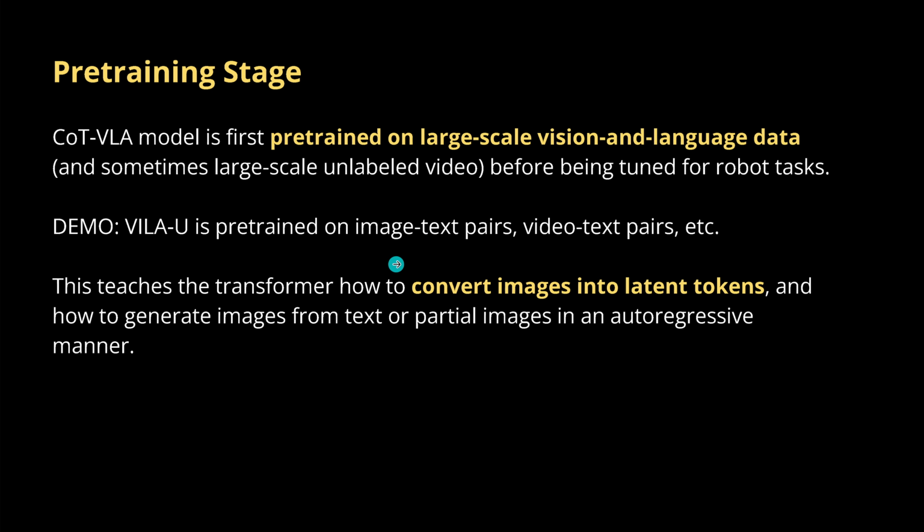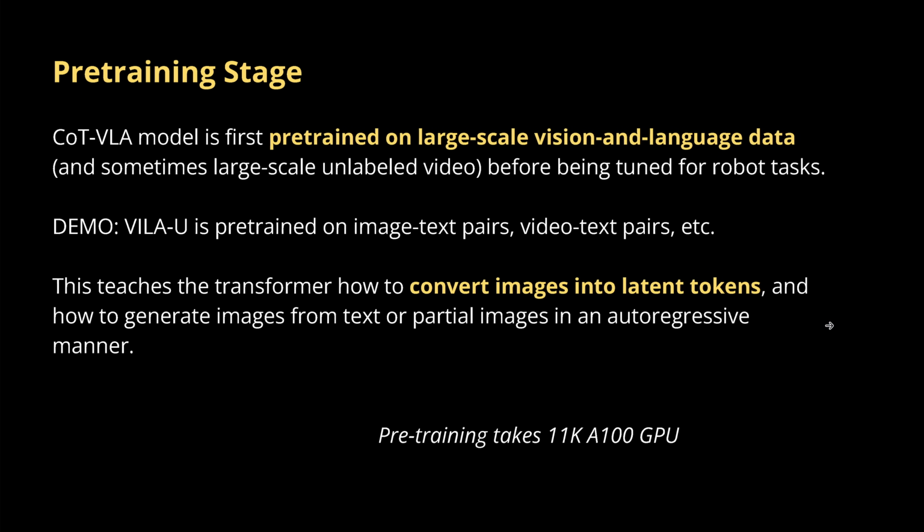And this teaches the transformer how to convert images, two-dimensional distorted images, as recorded by its video cameras, into some latent tokens in our latent space, in our embedding space, and how to generate images here in an autoregressive manner. Just to give you an idea, Nvidia tells us it took about only for the pre-training 11,000 A100 GPU hours just for the pre-training.